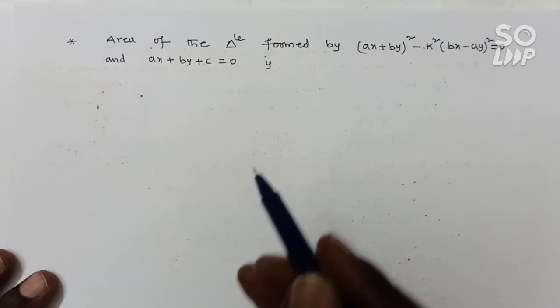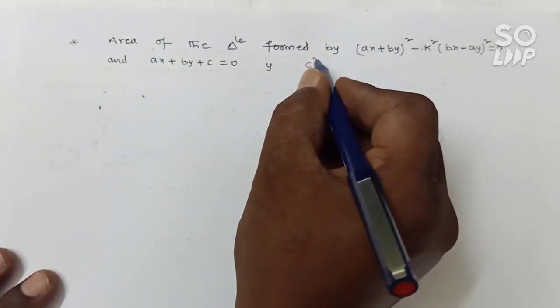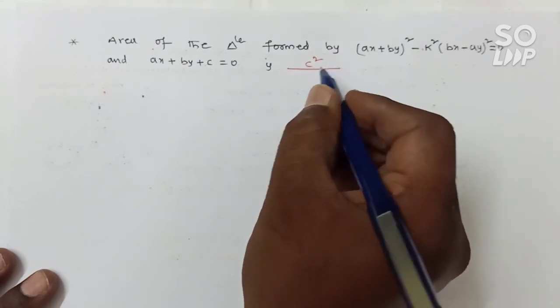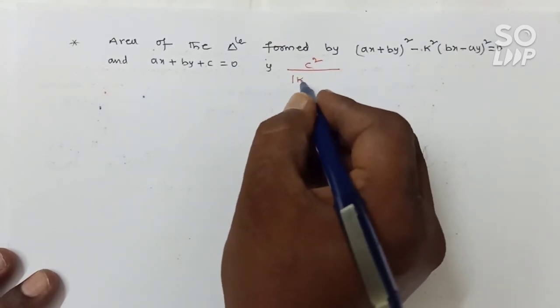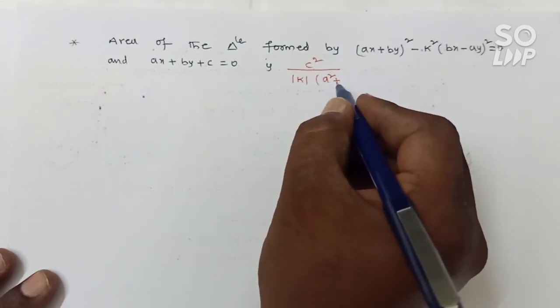That formula will be c square whole divided by modulus of k into a square plus b square.